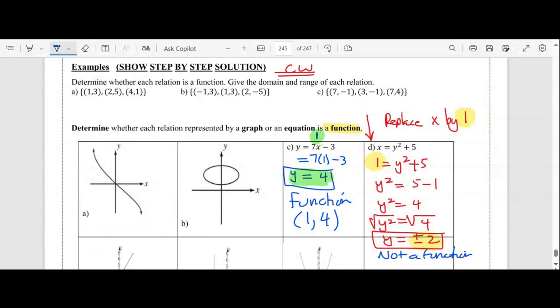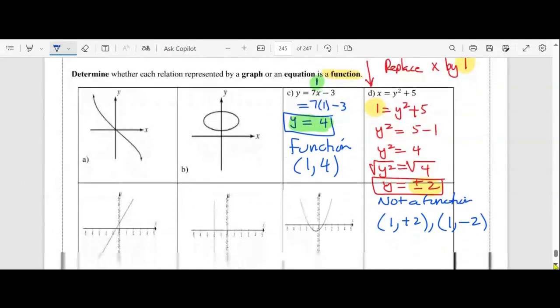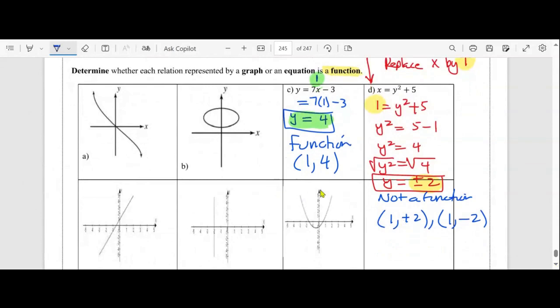But here, this one gives you what? Plus 2. And also 1 gives you what? Minus 2. The one here gives two values, plus and minus. Okay? Is this clear? Now please continue.